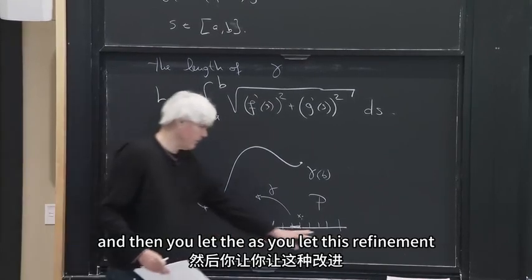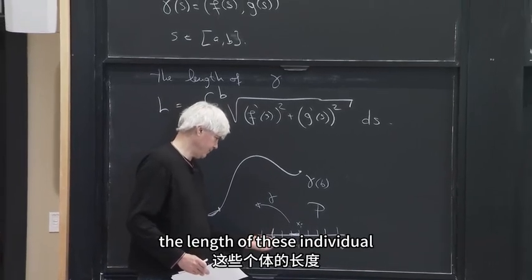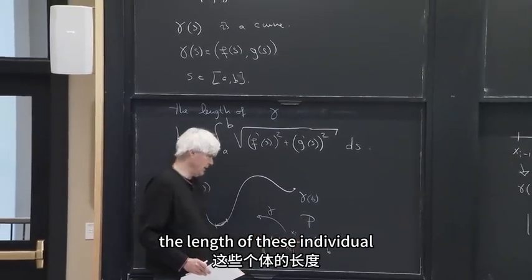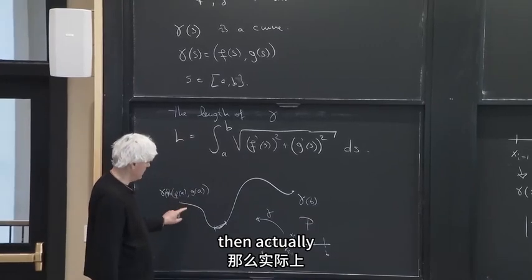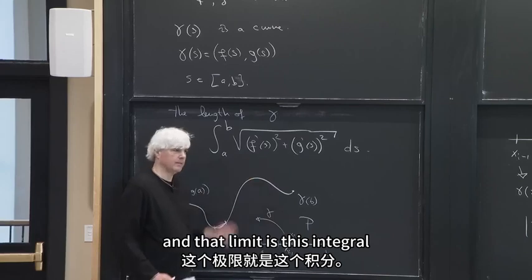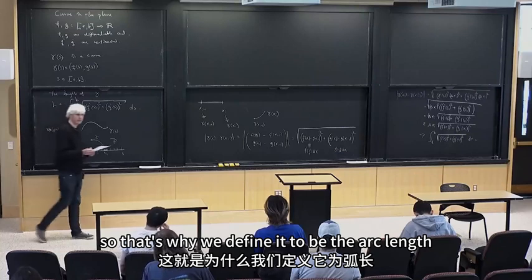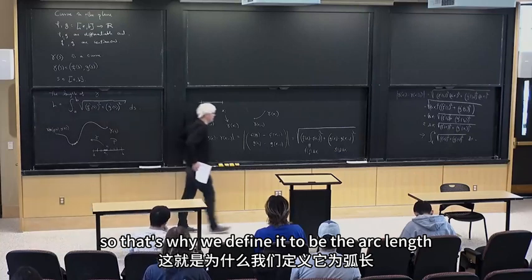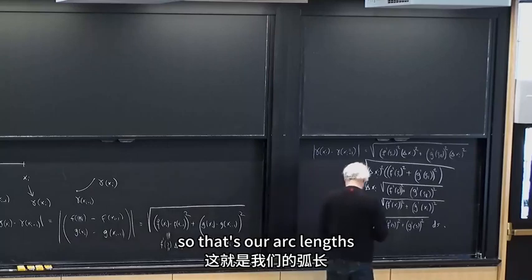Then you let the refinement, the length of these individual intervals, go to 0, and this approximation will have a limit, and that limit is this integral, right? And so that's why we define it to be the arc length. Okay, so that's our arc length.